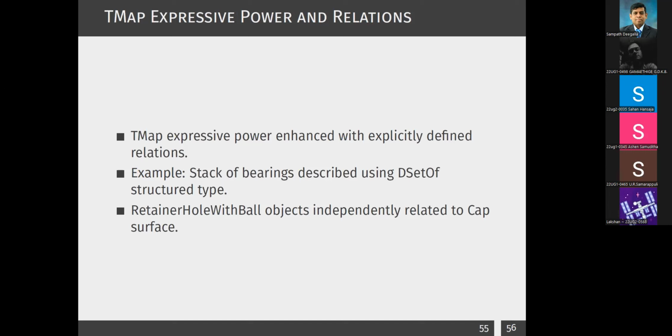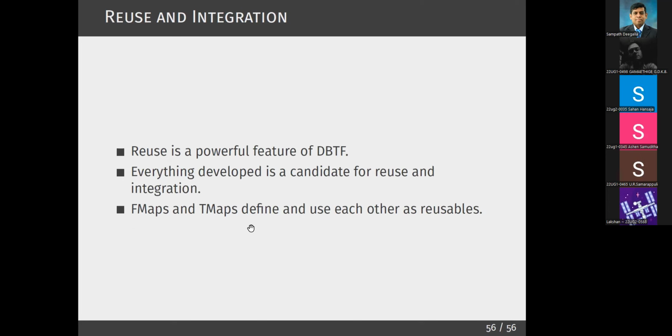TMAP, expressive power and relations. The type maps enhance the explicitly defined relations. For example, stack of bearings describe use of sets of structure types, and retain hotel with bill object independently related to cap surface. These are some of the examples which I will share with you.